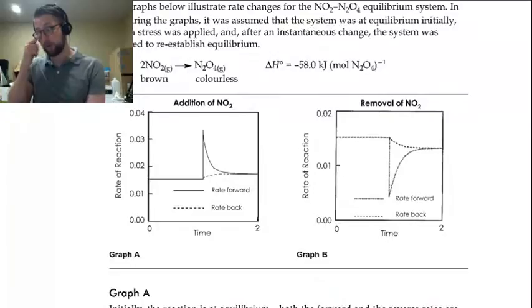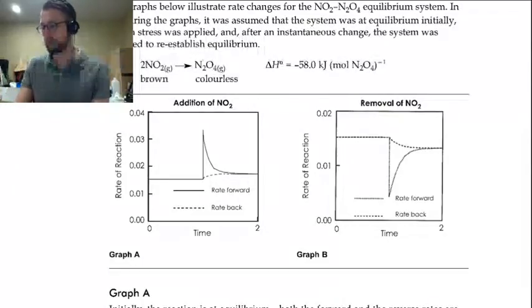So for example, if we see a graph that looks like this, where there is a giant speed bump here, where suddenly there's an increase in rate, then this suggests that you have added some sort of reactant. And then that increase in rate will come back down as equilibrium is reestablished.